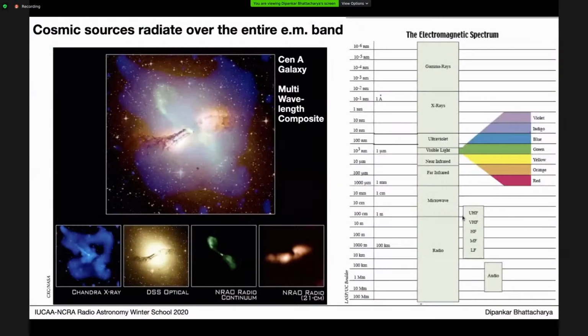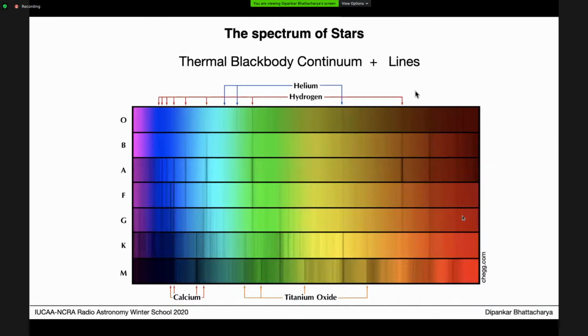So if you look at the electromagnetic spectrum here on the right, you can see that it is only this tiny bit which is the visible light, which our eyes are sensitive to.